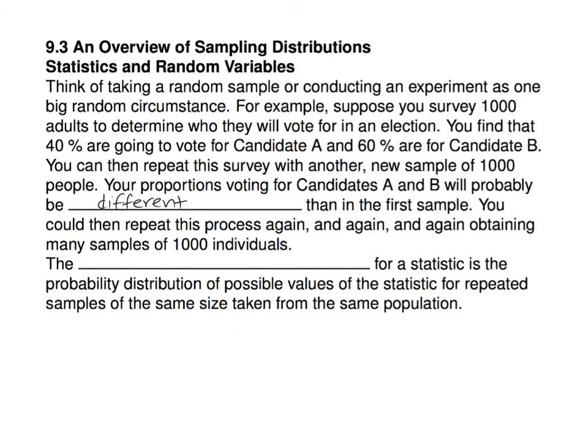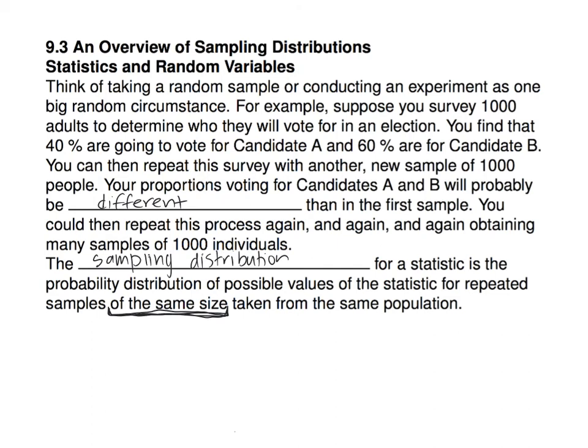You could then repeat this process again and again and again, obtaining many samples of 1,000 individuals. So the sampling distribution for a statistic is the probability distribution of possible values of the statistic for repeated samples, and here's the kicker, of the same size taken from the same population.